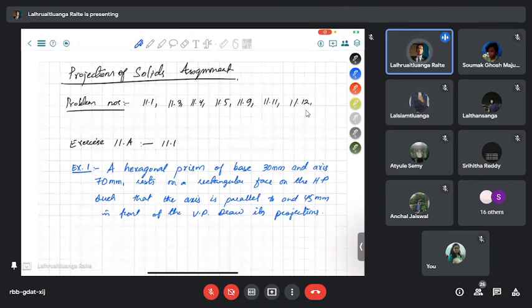All right. Yes, that's very correct. It is parallel to VP and HP. So when it is parallel to VP and HP, how do we proceed? When it is parallel to both the planes, what do we do?